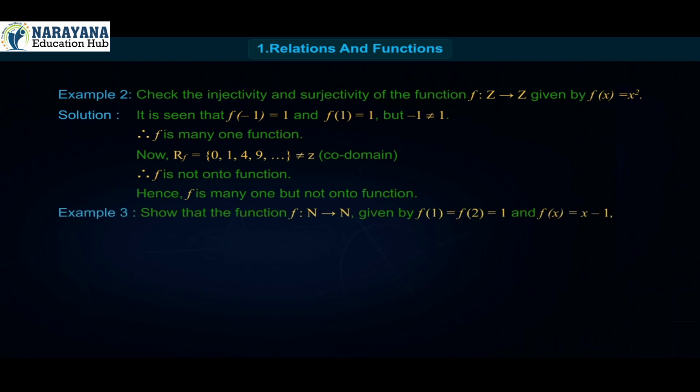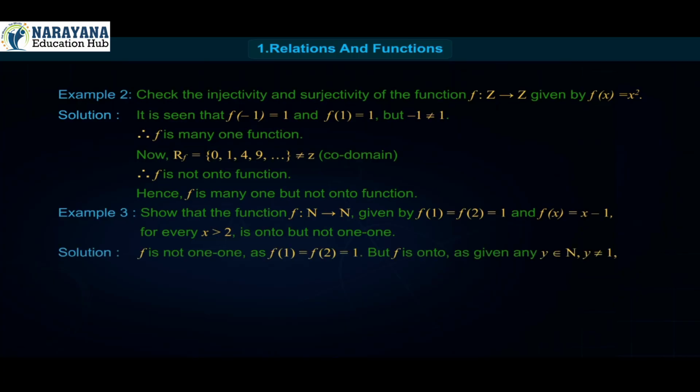Example 3. Show that the function f from N to N given by f(1) equals f(2) equals 1 and f(x) equals x minus 1 for every x greater than 2 is onto but not one-one. Solution. f is not one-one as f(1) equals f(2) equals 1.